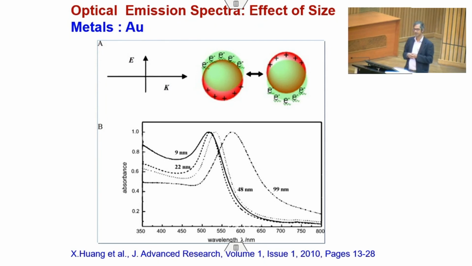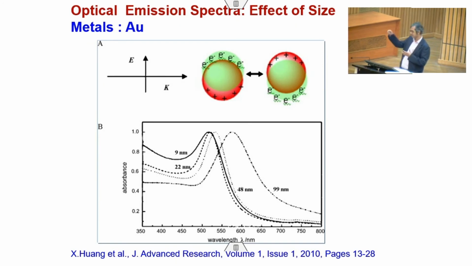Okay, you understand that. First, light falls on the metal and interacts with the electrons, and the moment it interacts with electrons, it leads to formation of charge separation, surface charges, alternately positive and negative, because light is inducing a collective coherent oscillation of the electrons. This oscillation of electrons leads to positive and negative charges.